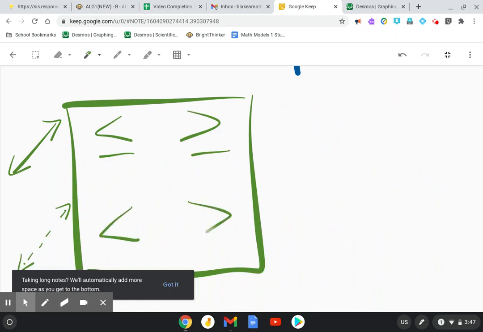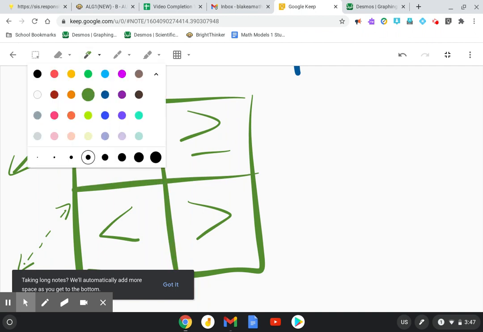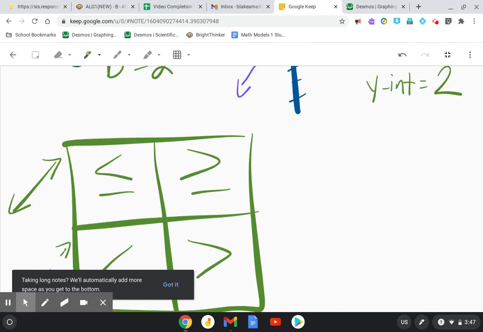Dashed lines look like this or like this when it comes to the actual symbol. And then ones that look like this first column are going to shade below the line. And the ones over here are going to shade above the line.